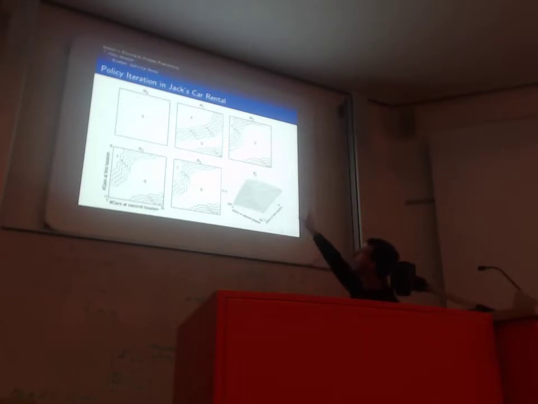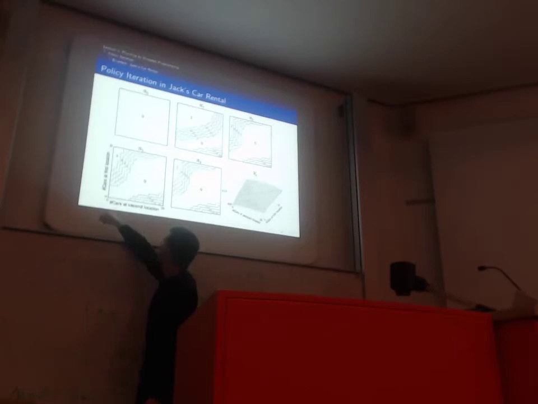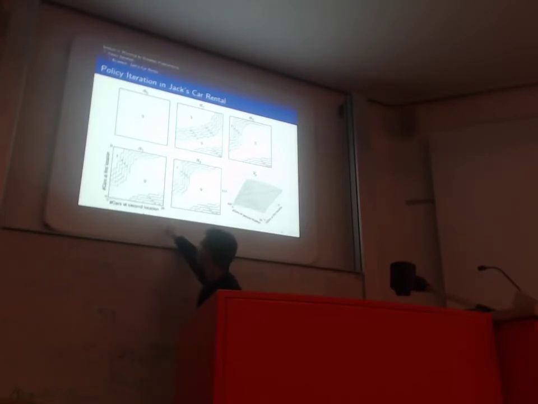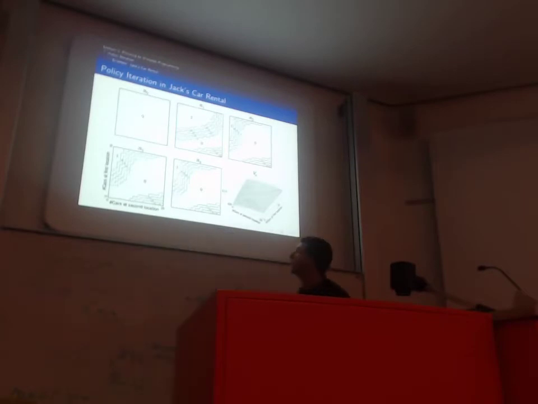The axes of this diagram show how many cars there are at the first location on the y-axis, and how many cars there are at the second location on the x-axis. So this is the whole state space. You either have 10 cars at one location and 10 cars at the other, or some other combination. And now the question is, what's the optimal action? How many cars should you move from one to the other if you're in one of these states?